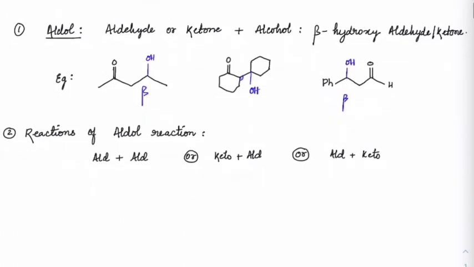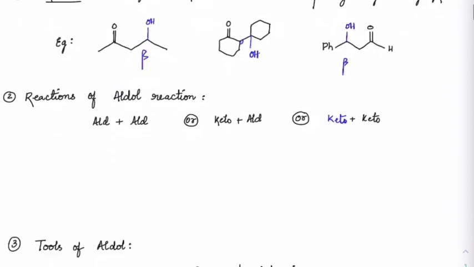See, when it comes to aldehyde and ketone reactions, these aldol formations can happen with two aldehydes reacting with each other, or with a ketone and an aldehyde combination, or with a ketone plus ketone combination. Either way, an aldol can be formed.